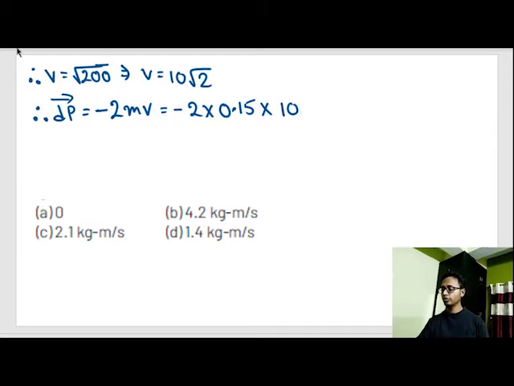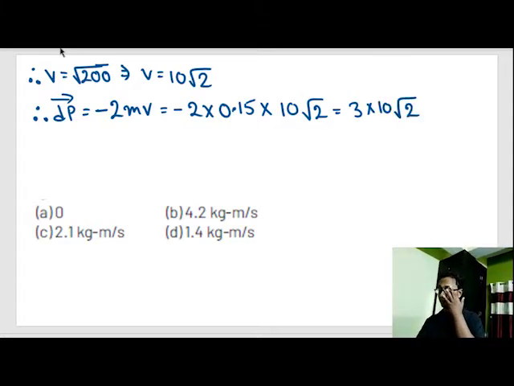From 2 into 0.15, that is 0.3, and 0.3 into 10 is 3 root 2. So 3 root 2.